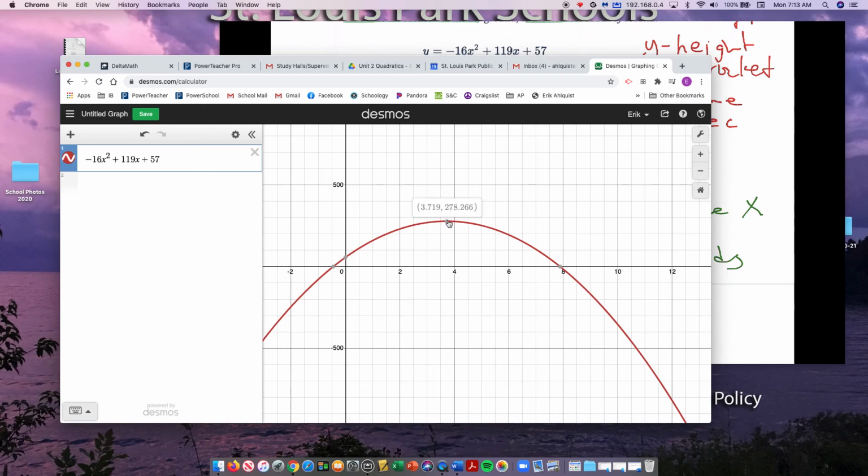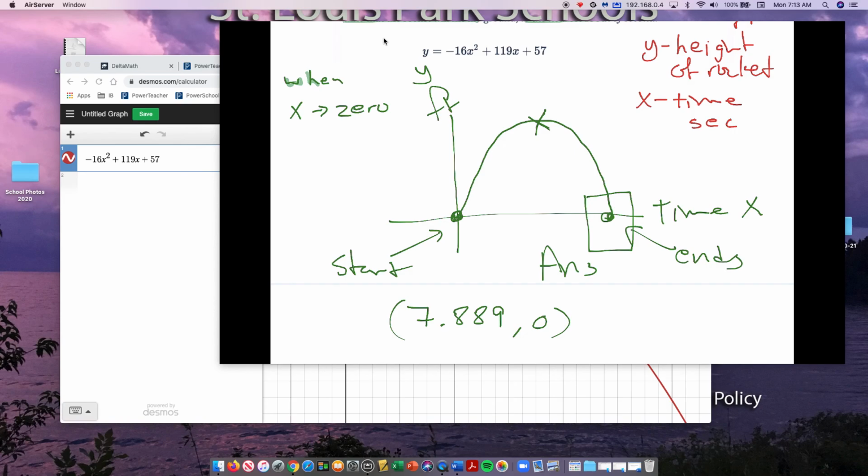There's the maximum height, 278, and then the rocket hits the ground way over there. And so if the rocket hits the ground at this 7.889, 0, if we go back, that's our answer, right? I mean, that's that point right there.